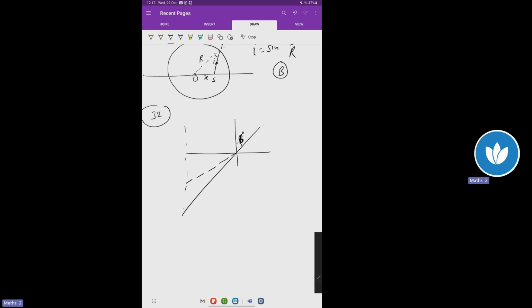This is 6 degrees. This is A, this is B. We need CBC dash, this angle, theta.